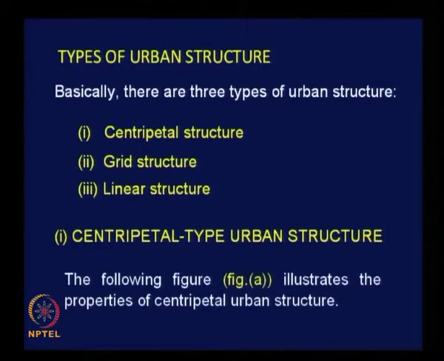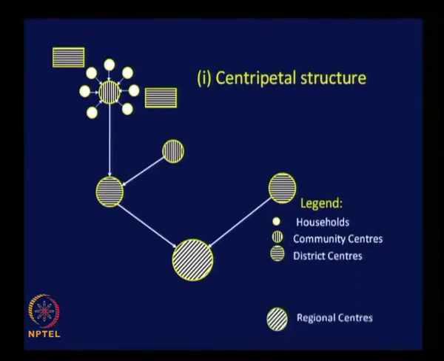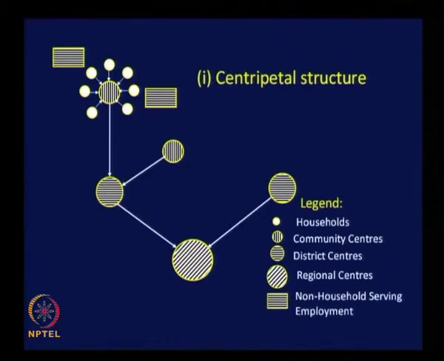Of course, we can study the structural features with the aid of a sketch. This is the centripetal type of urban structure, and the legend shows you the details of various activity centers including the households.